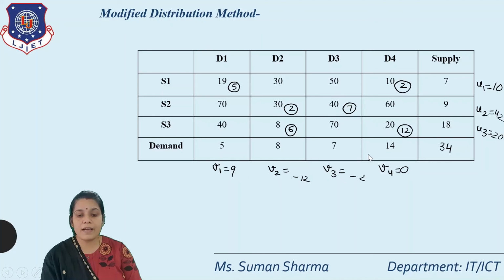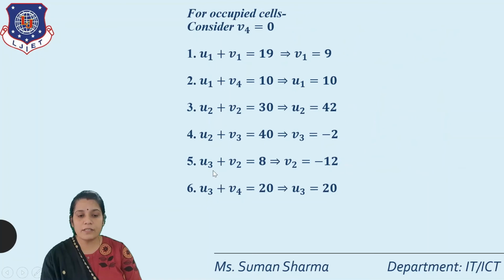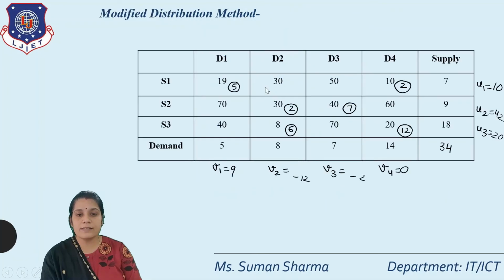Okay, after that you find the unoccupied cells. So what is the process? The unoccupied cells are D12, D13, D21, D24, D31 and D33. And after that, you put in all the values.